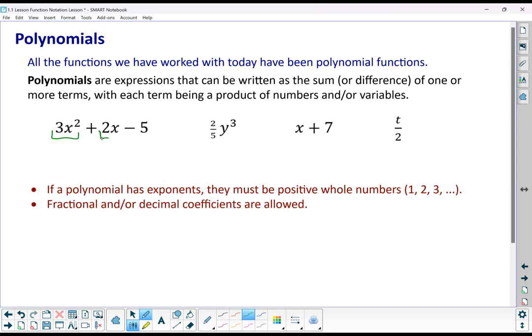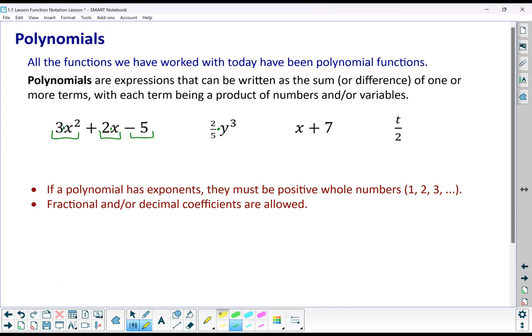So we've got 3 terms here. When we say sum, we can also include some subtraction there. And each term is just a little product: 3 times x times x, 2 times x, 2/5 times y to the third. If a polynomial has exponents, they must be positive whole numbers.